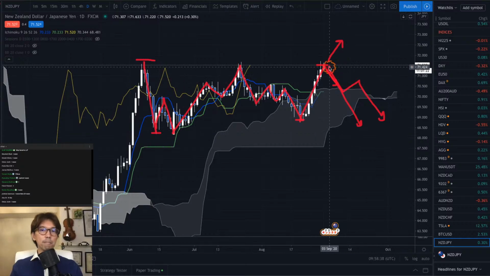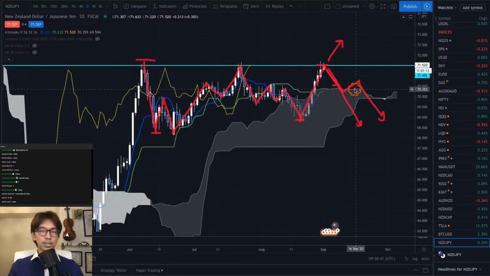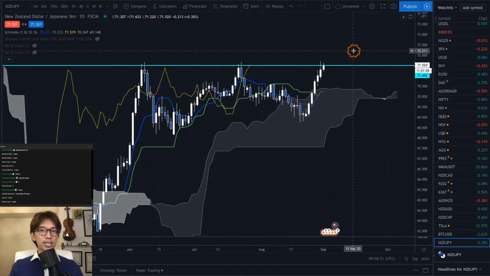There are 3 times of rejections, with wicks pointing upwards now, so this might be rejection on this level. For the price to break upwards, what should happen is an N wave.